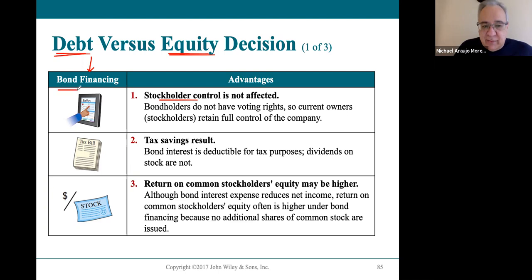If they went with bond financing and they paid interest, it would be an expense. Bond interest is an interest expense. So it would lower the taxes that they would pay because they would have a lower net income. Dividends are not affected and they don't have any tax benefits because dividends are taxed.